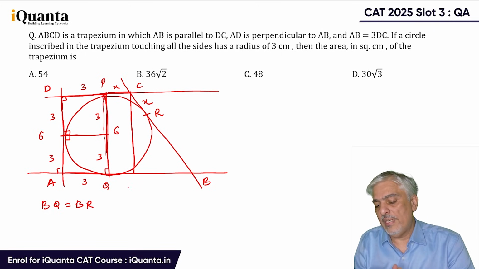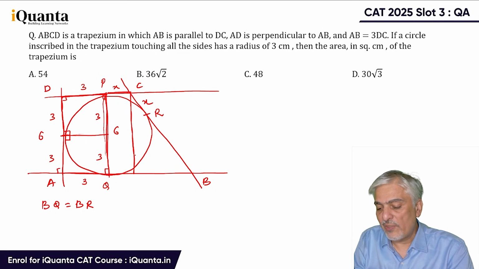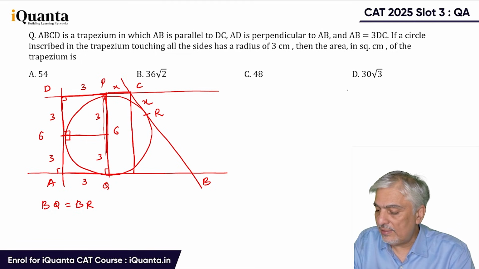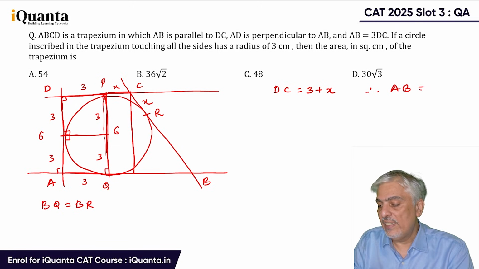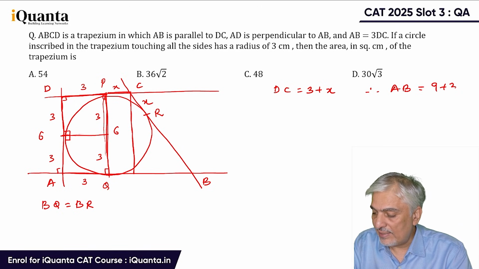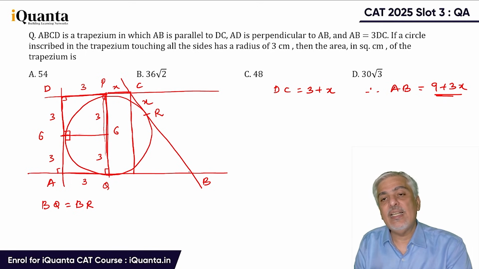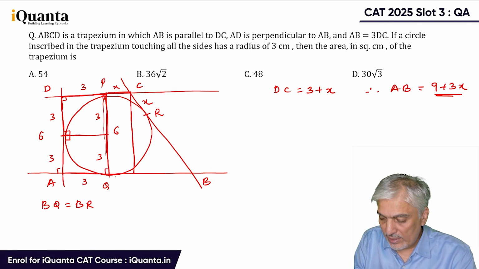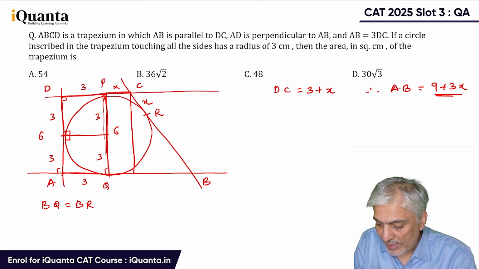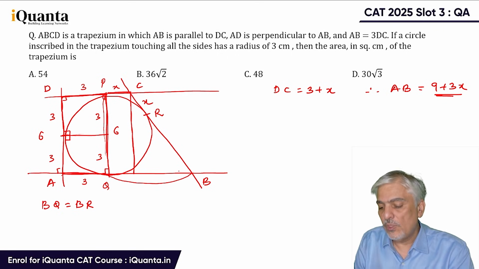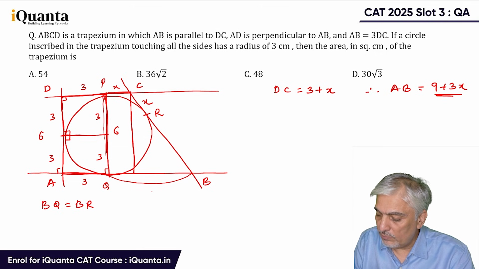Okay. Now, let's first find out BQ in terms of X only. DC is 3 plus X. Therefore, AB is triple of DC, so it will be 9 plus 3X. So AB full is 9 plus 3X. Out of that, this much is 3, so the remaining QB will become 6 plus 3x, right?